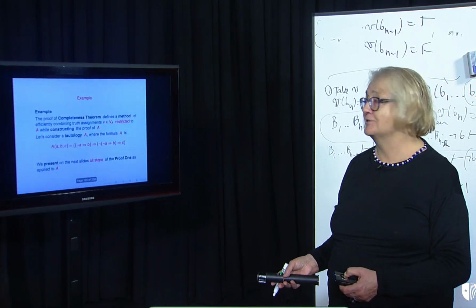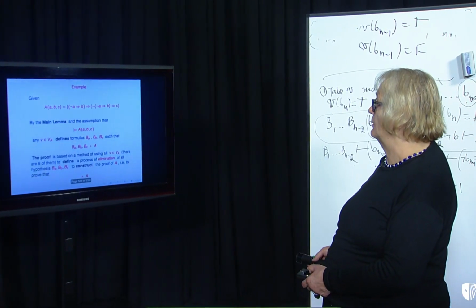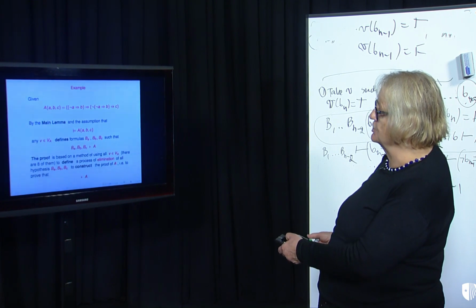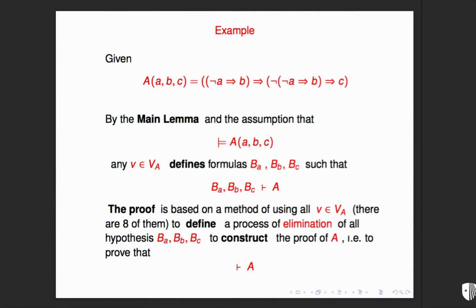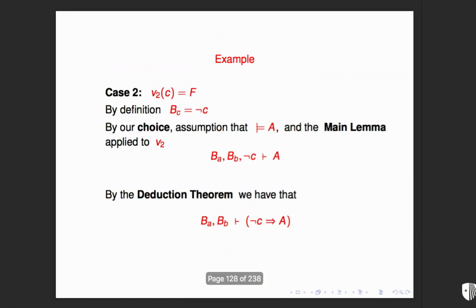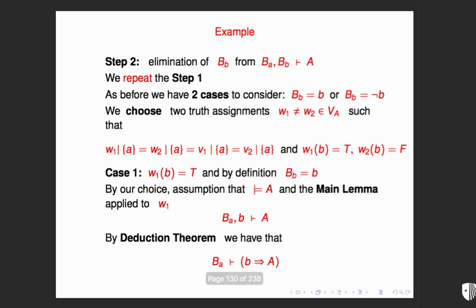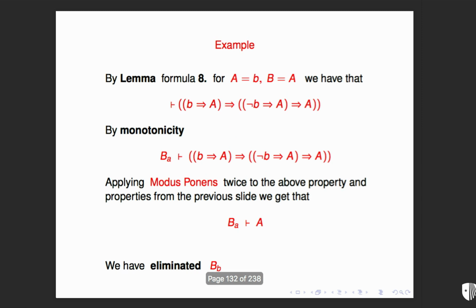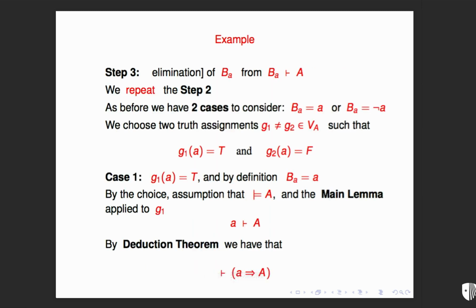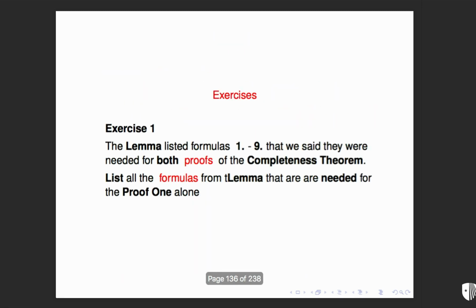A lot of work, but it can be done. Now, there is an example, more complex than I did on the blackboard, where you have elimination step by step, very beautiful, so you can see more examples than we did here on the blackboard.